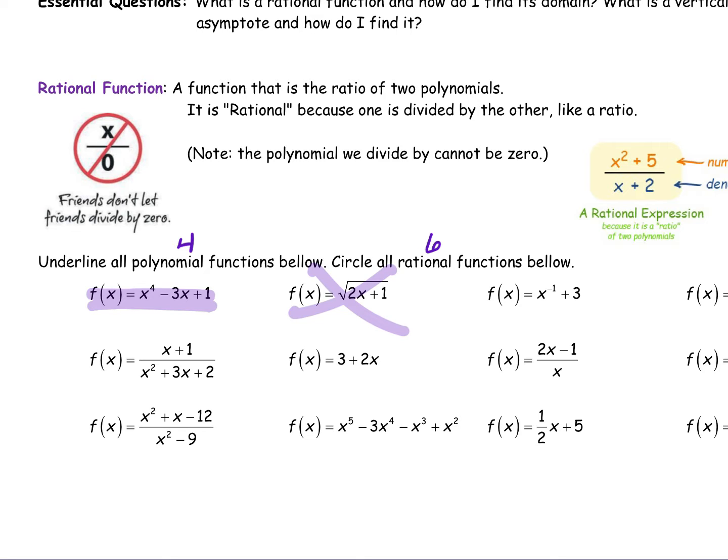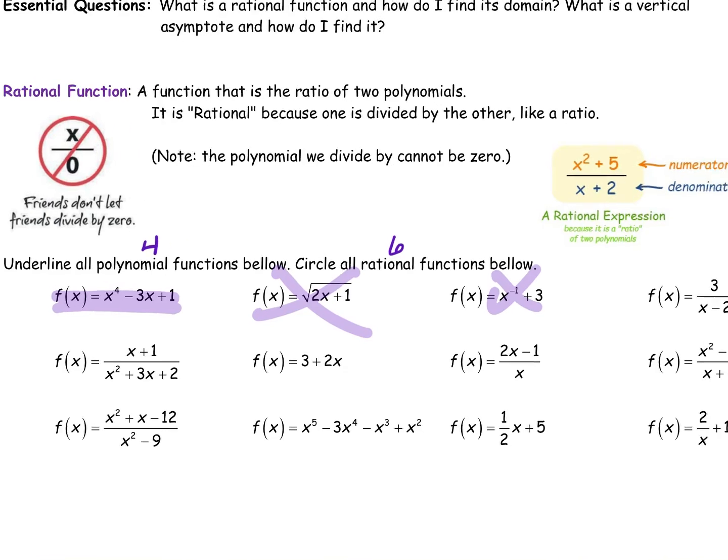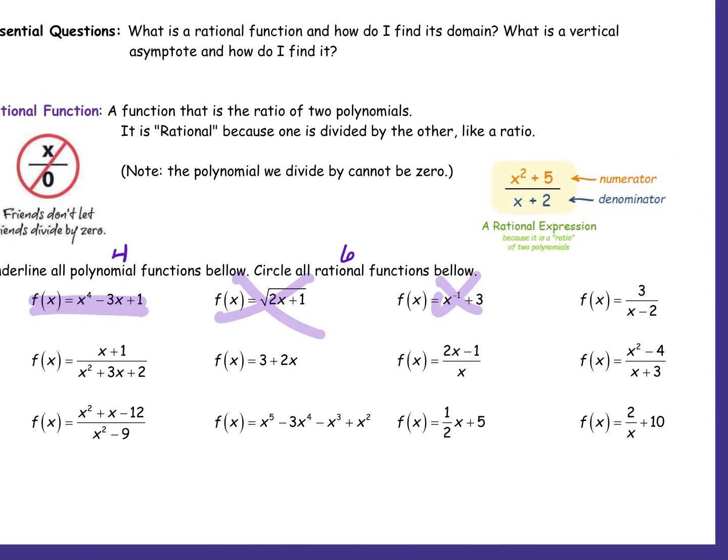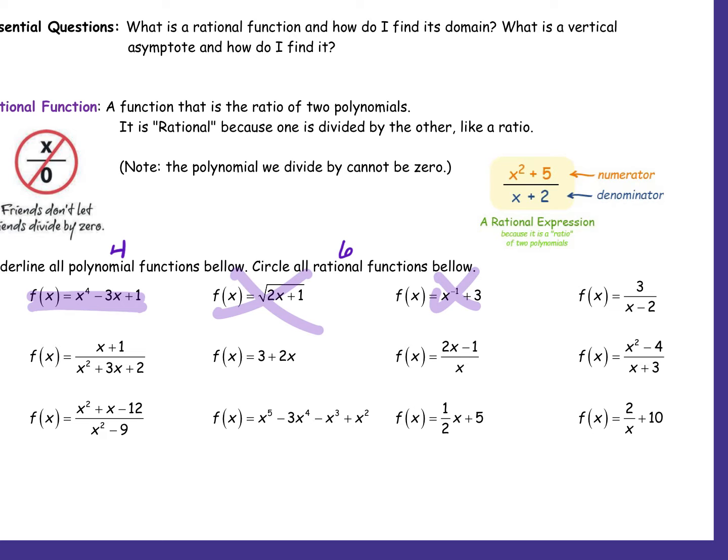X to the 1st, x to the negative 1st plus 3. Neither, yep, good. Polynomial has to have positive exponents, yeah? 3 over x to the negative 2. Rational, good.